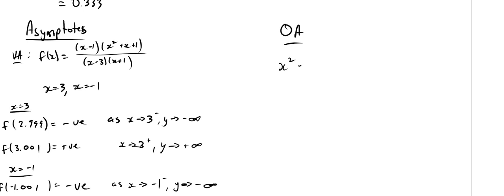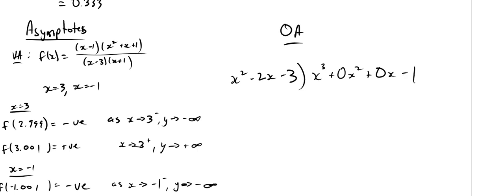x squared minus 2x minus 3. And it's x cubed minus 1. So it's x cubed plus 0x squared plus 0x minus 1.